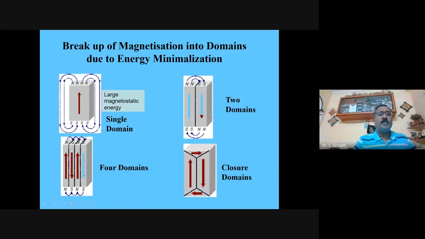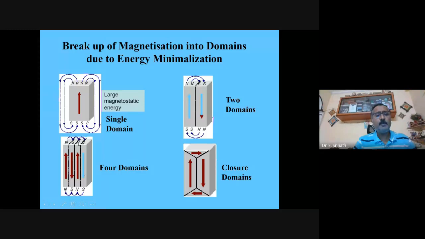You see that the induced pole density as well as the distance between them is such that the field lines can close much more easily in comparison to even the earlier situation. So the associated magnetostatic energy will further reduce. I will have an advantage if I break this fellow into further domains. Then I say, can I have a situation where I can reduce the magnetostatic energy to 0?